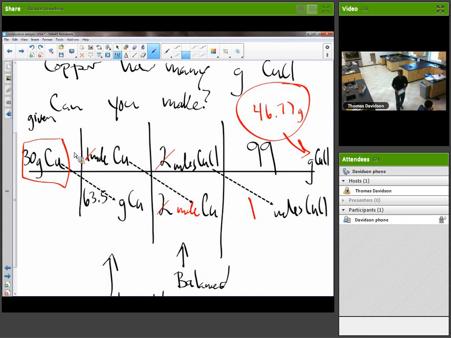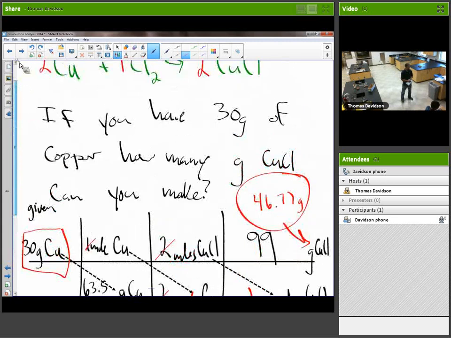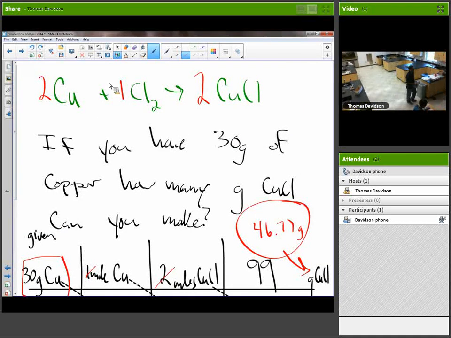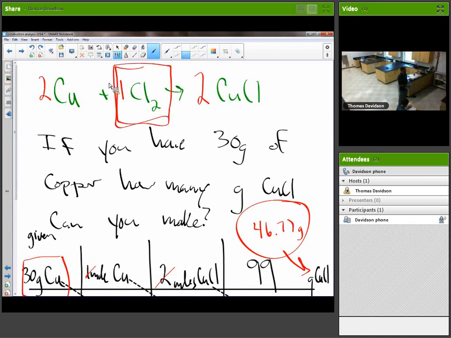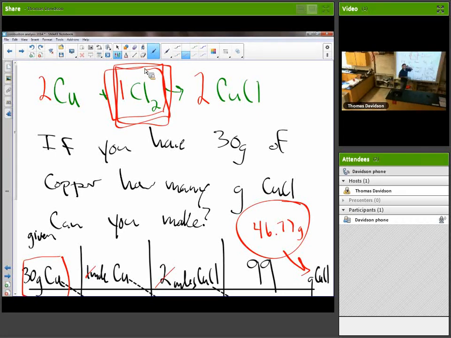Now, there is an assumption in this sentence. Do you know what this assumption is? The assumption is you have plenty of this. Did it say anything about chlorine gas? No. If it says nothing about the other reactant, you assume it's an unlimited amount. Okay?